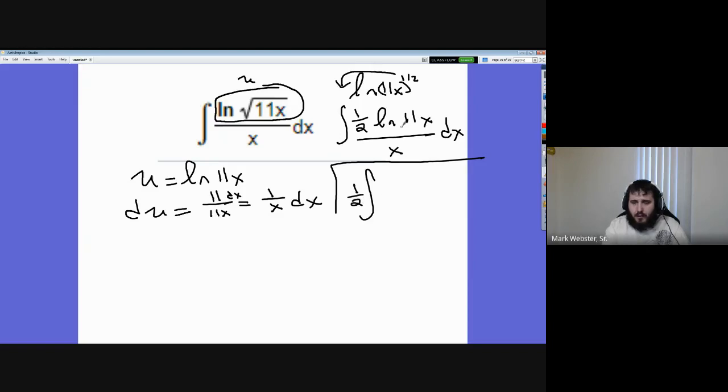Again, u is this, du is this. So much easier now. Why is it so much easier when we do this? Because it's a special trick that allows us to do this very easily.